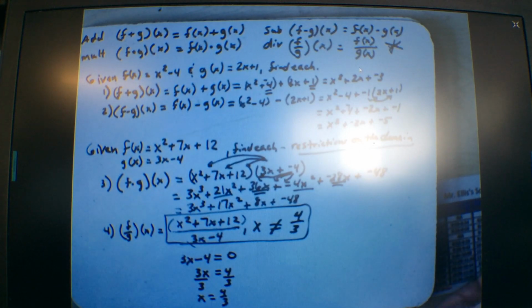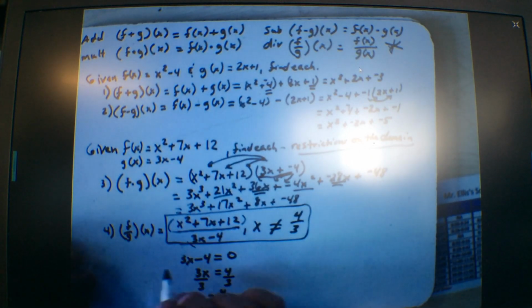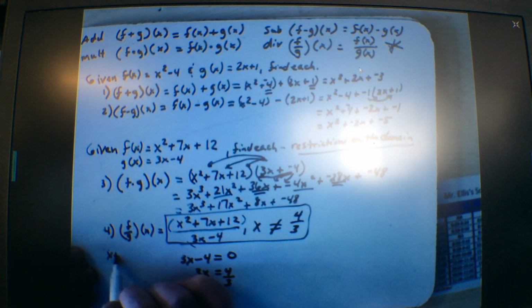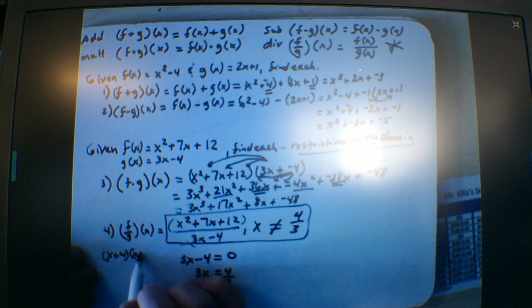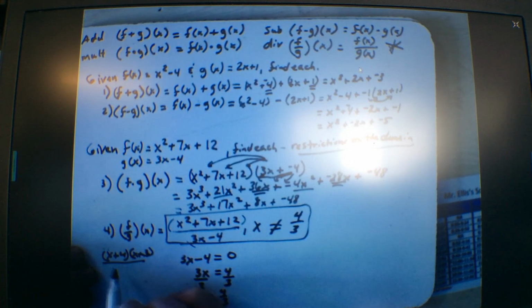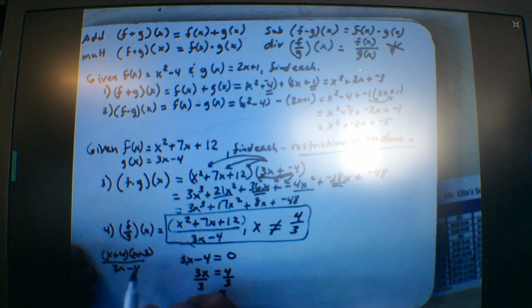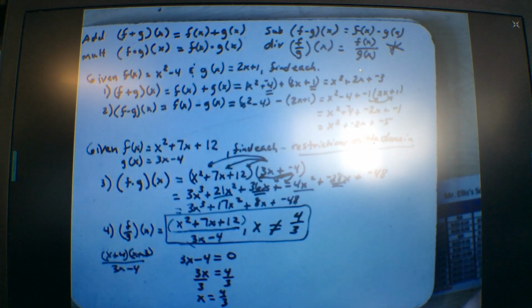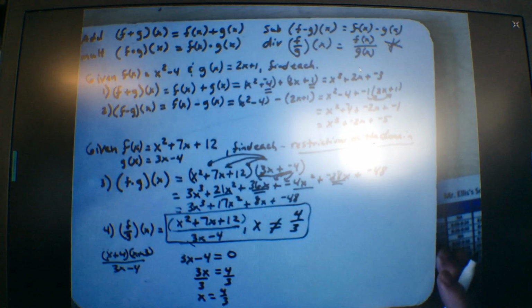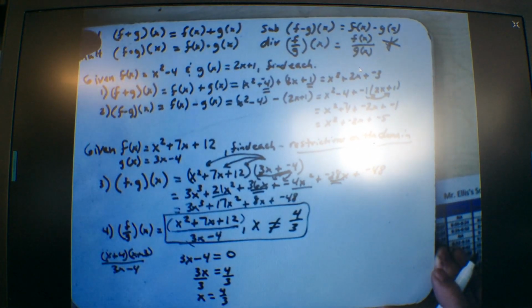And so I can factor it, and if it factored as x plus 4, x plus 3, I can do that, but neither one of those cancel with that, so there's no use of factoring it. It would literally have to equal 3x minus 4, and you would cancel the whole thing. Yep. Good question.